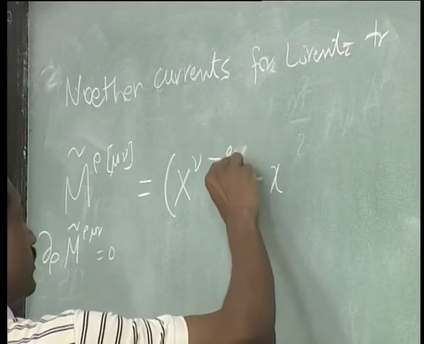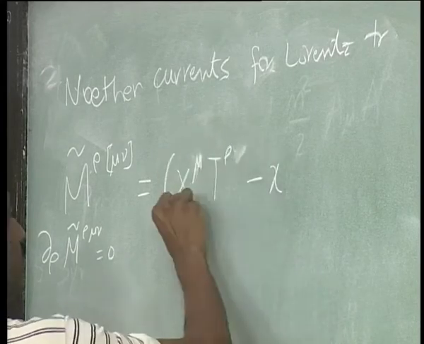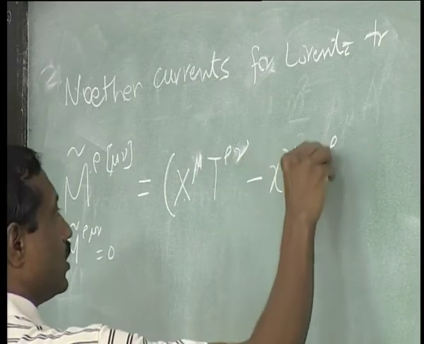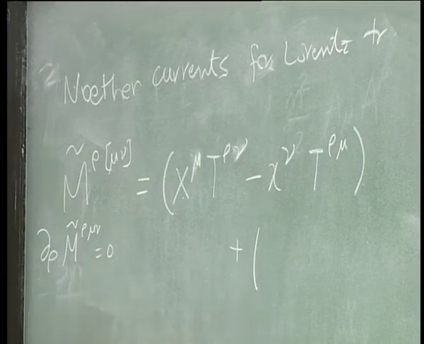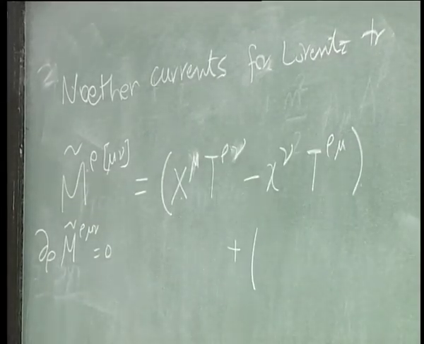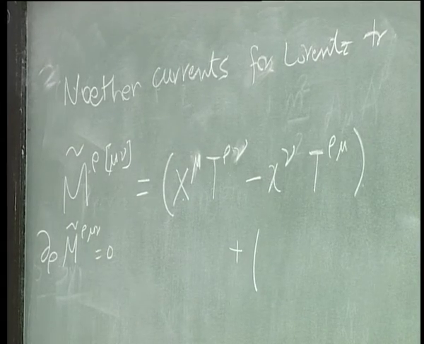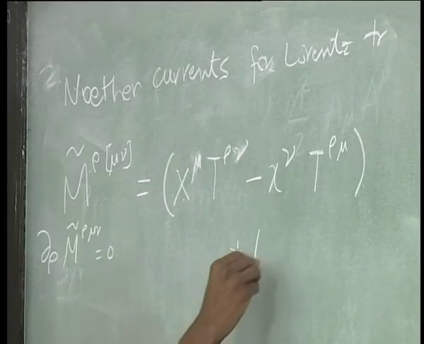So this turns out to be x mu T rho nu minus x nu T rho mu. Okay. So again, when you do this, this term comes from exactly this term, it is similar to the other guy, but this piece will give you an extra term, and it is better to write that out.